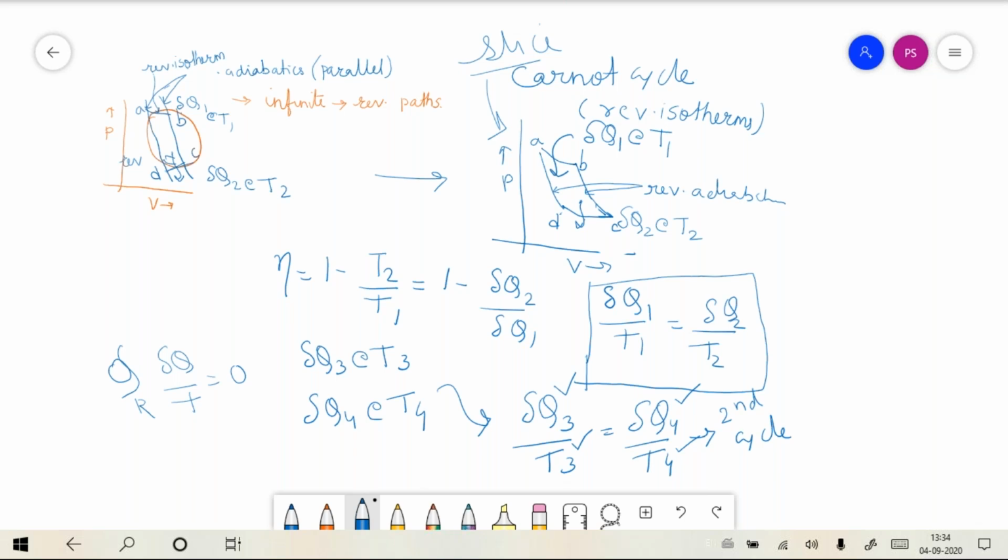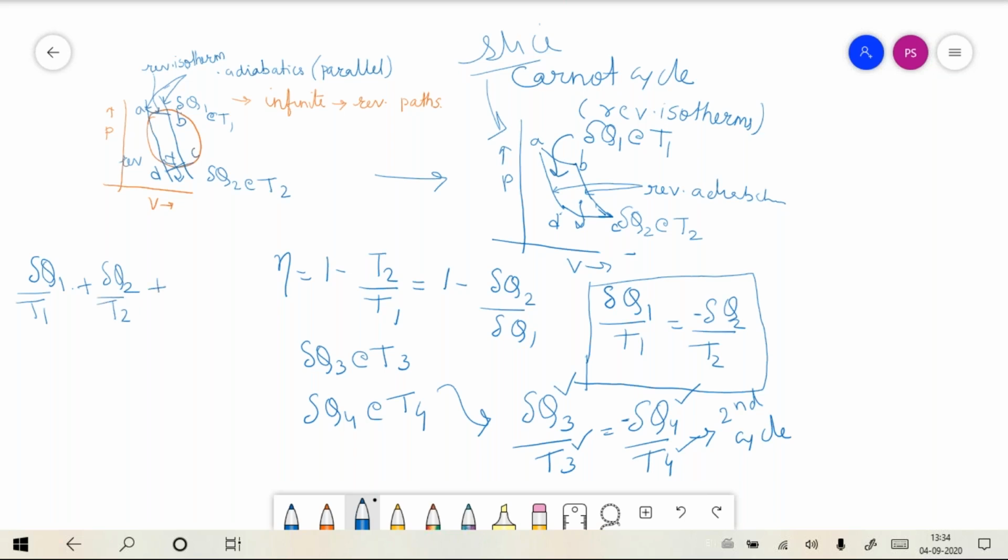and have similar expressions. Now, when I'm saying this is del Q2 by T2, I have already incorporated the negative sign of heat rejection over here. So if I rewrite this for the first slice, you would say del Q1 by T1 plus del Q2 by T2.